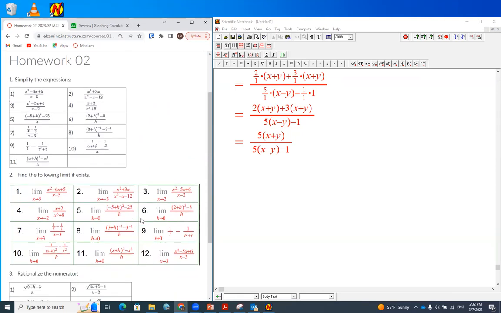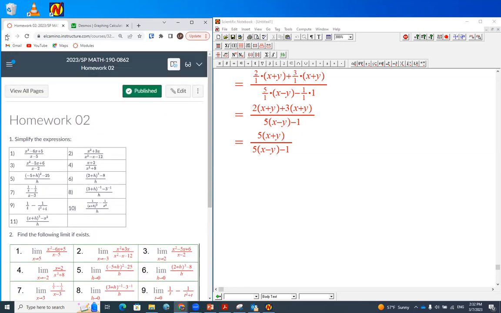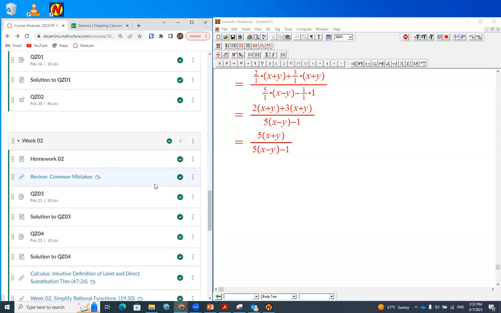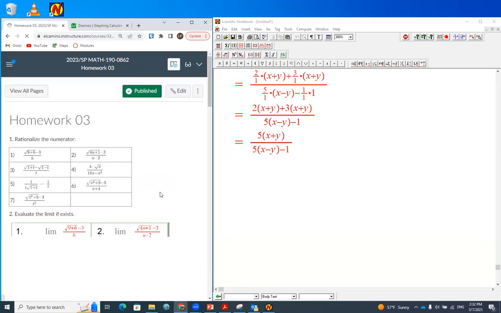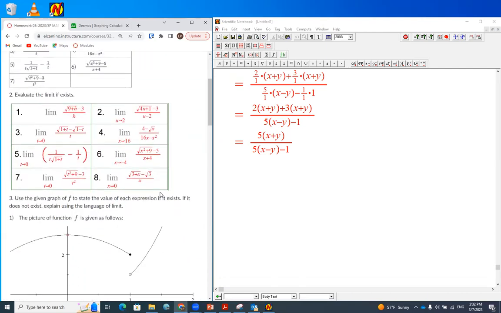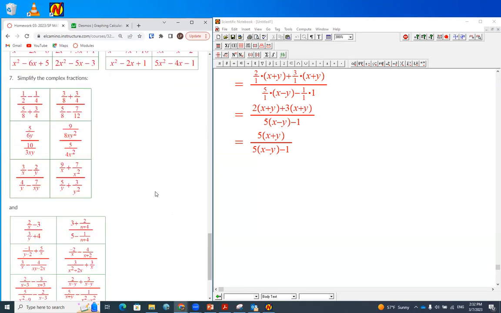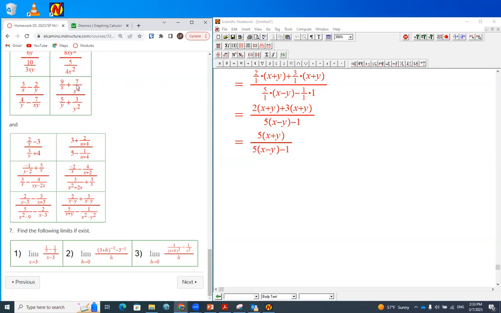And I thought you guys might be prepared. Right here is week 2 homework. And in week 3, of course, it was given to you one more time in the circumstances of reducing complex fractions.